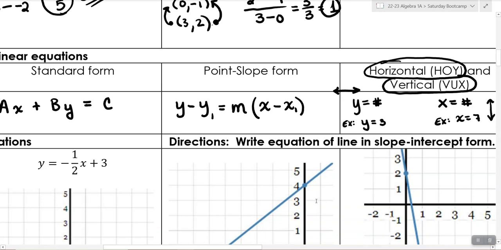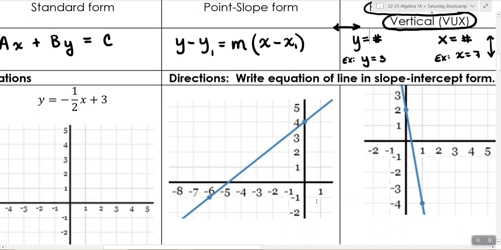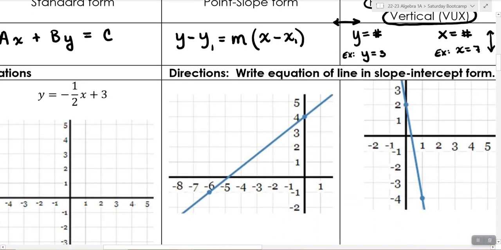So does everybody know how to do rise over run? With this one right here, we have 2 specific points. This point right here and this point right here. We're going to start with the point on the left, and go towards the point on the right. It's a positive slope, so we'll do rise and then run.